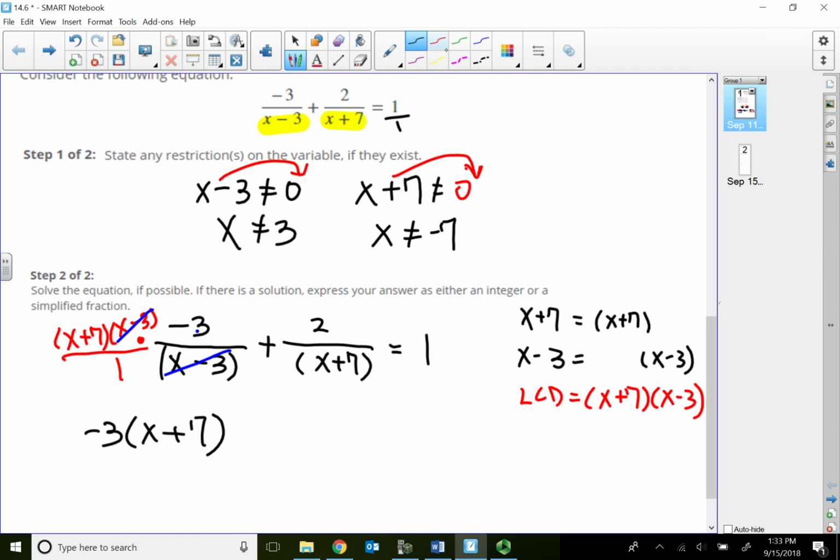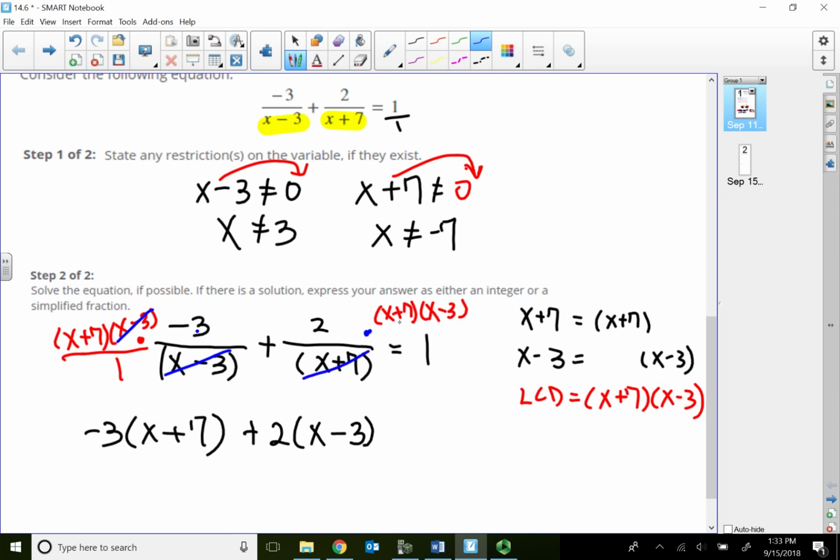We can use the same trick as before. What does the LCD have that my second denominator does not have? My second denominator does not have x minus 3. So we take that x minus 3 times the numerator. What happened to the x plus 7? The x plus 7 this time should get canceled out, because I'm multiplying by the LCD for every term.